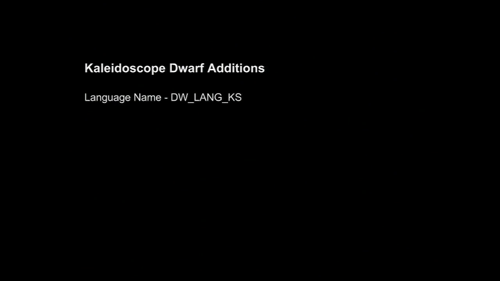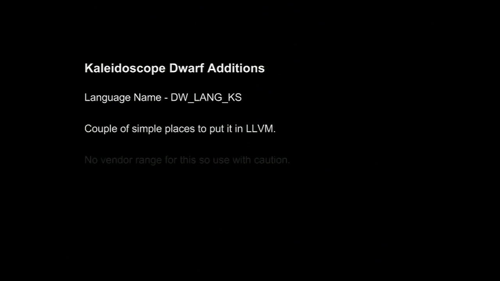So dwarf additions for Kaleidoscope. I added a language tag. It's pretty easy. There are a couple little small places you change. If anyone's interested in the diff, it's actually 2 places in LLVM. It's not too bad. There is no vendor range for this, so use it with caution. Most things in dwarf have a vendor range if you're allowed to change it, which basically means I'm doing something that's very specific to Apple or Google or Sony or whatever.